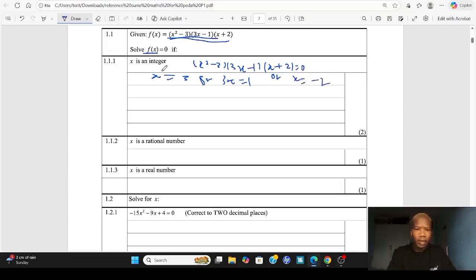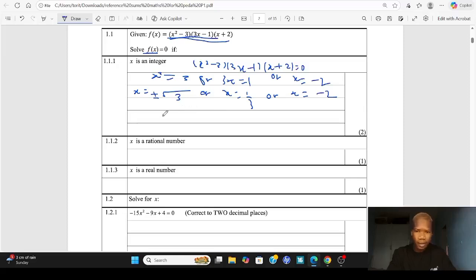So we say that x is equal to plus or minus square root of 3, or x is equal to 1 over 3, or x is equal to minus 2.